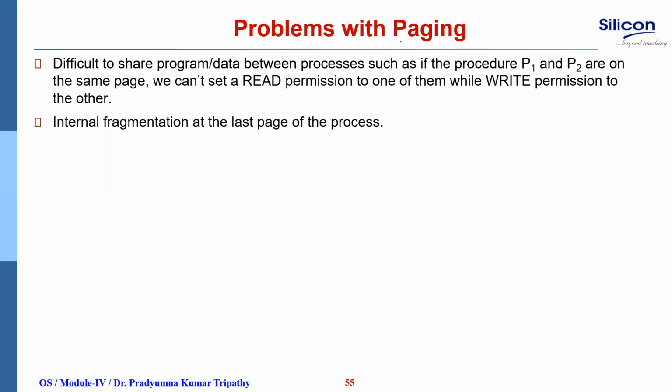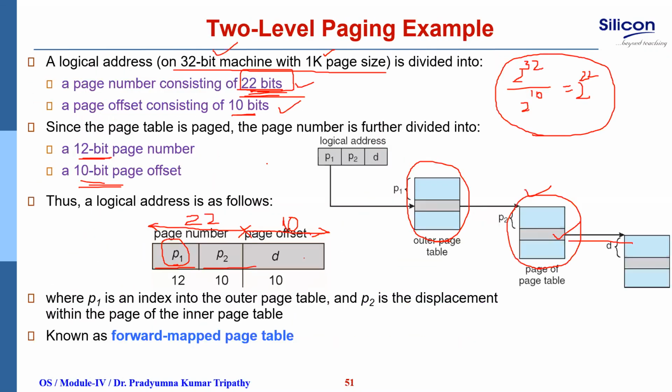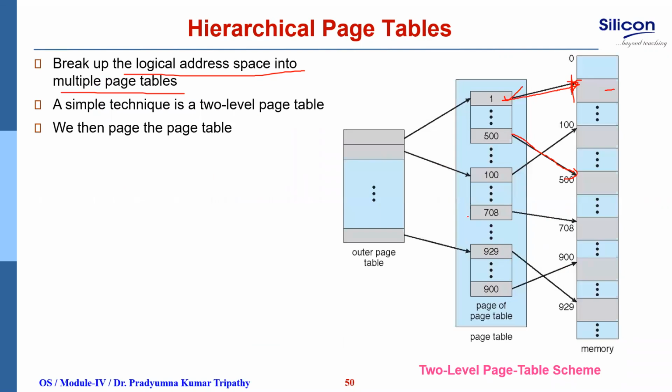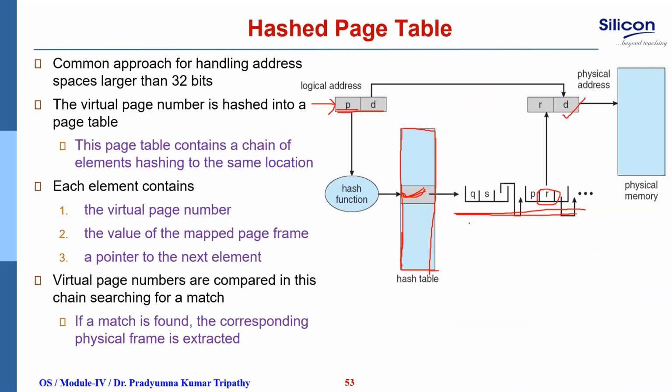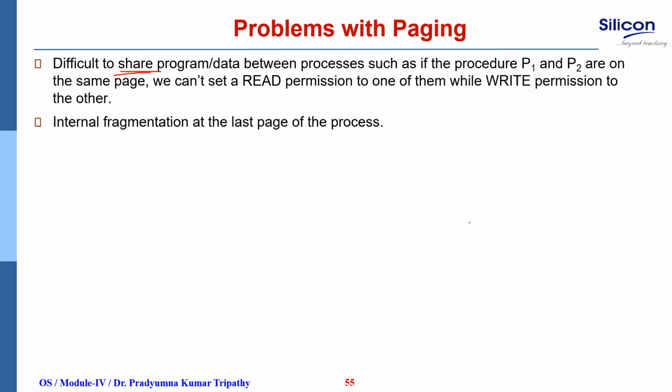So the problem with paging is that it is difficult to share. Why is it difficult to share? Because, as you have seen, it can be shared, but the program may be stored in 10 different pages. So if I want to share, I have to share all those 10 different pages. In the previous example, I showed you ED 1, 2, and 3 being shared by different processes. All those frames where it is stored need to be shared.